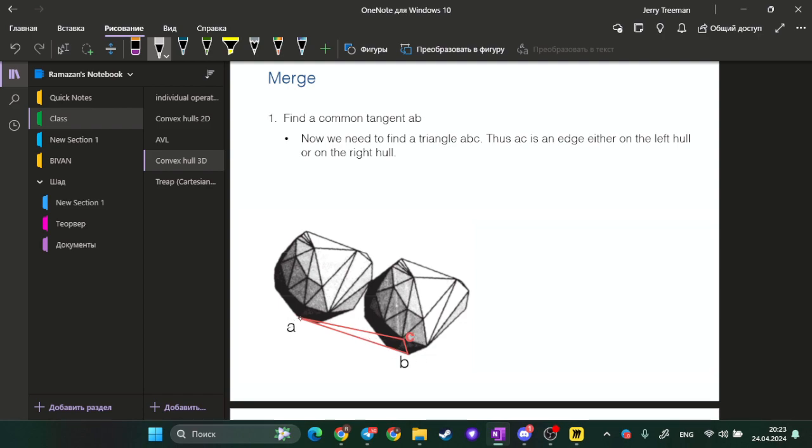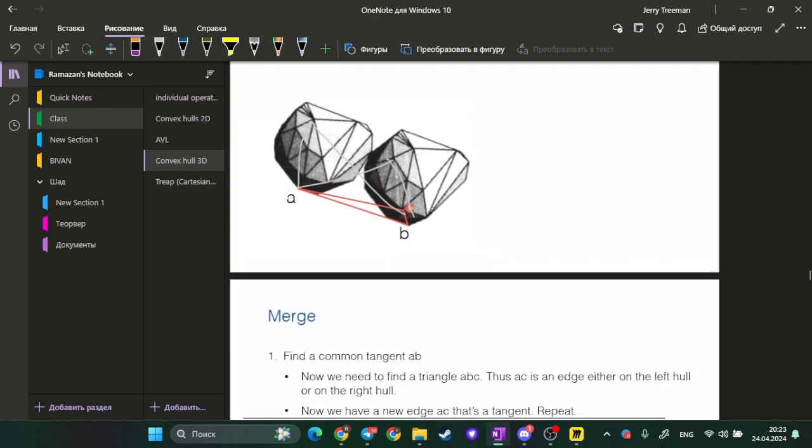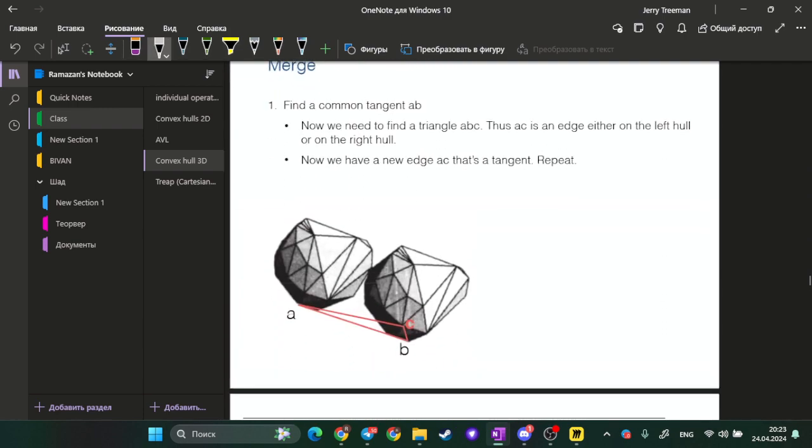We can consider all of the points based on this vector, and do the same things that we did in Jarvis wrapping. We need to find the smallest angle. Now we need to find a triangle ABC. That's it. Okay. We found our face. Then we need to do Jarvis wrapping.